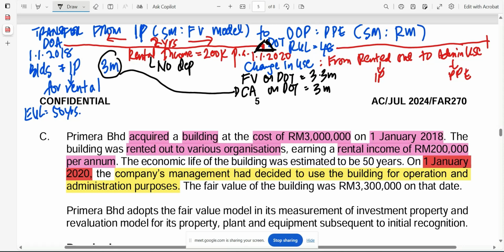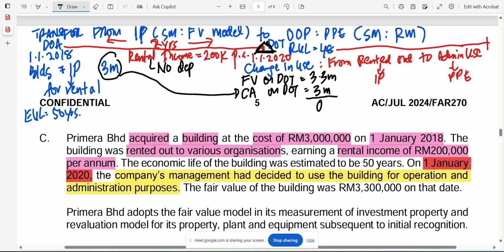So you need to check the difference. Remember the step that I mentioned? What is the difference between the fair value on the day of transfer and the carrying amount on the day of transfer? There was a difference of 0.3 million. On the day of transfer, it is still an item of IP, and the fair value exceeds the carrying amount.